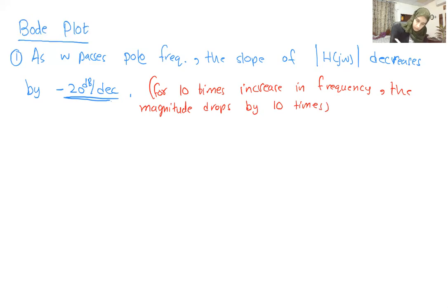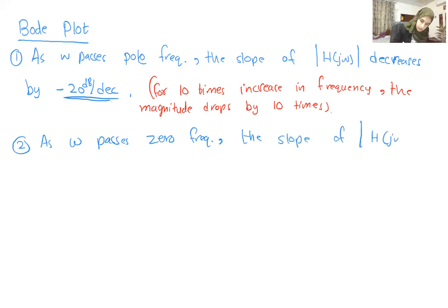Okay, now as omega passes a zero frequency, the slope of H of j omega increases by 20 dB per decade.